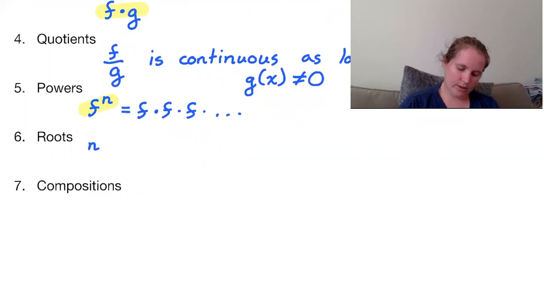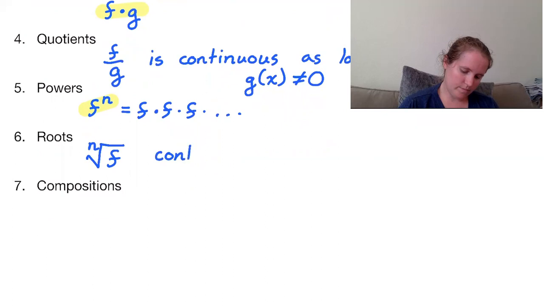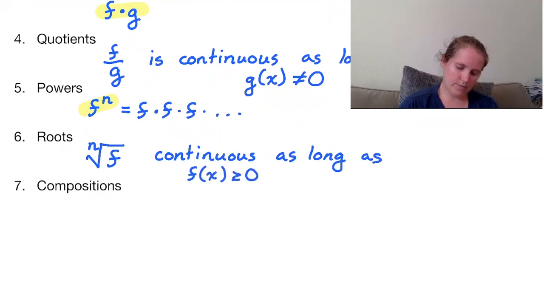If we want to find the nth root of f, for n a positive integer, this is defined or is continuous as long as f of x is greater than or equal to 0 for n even.